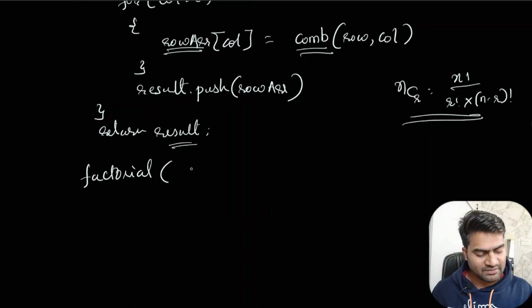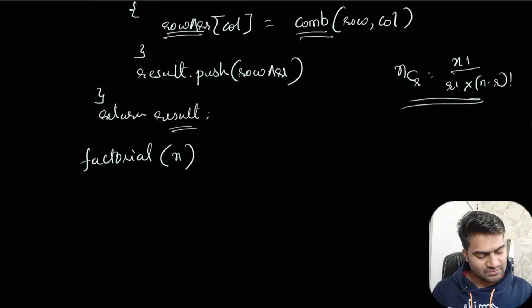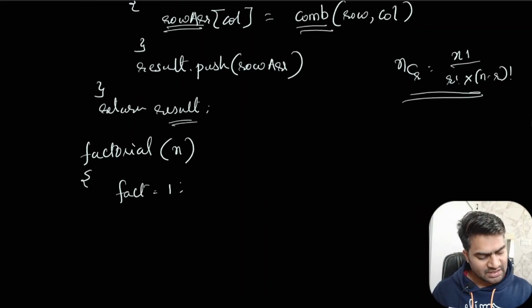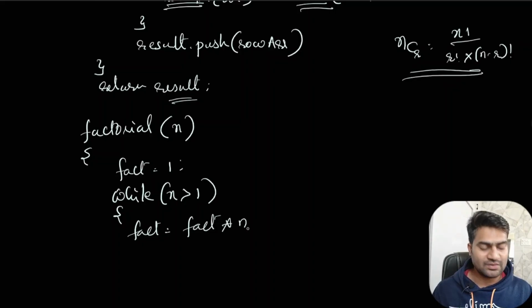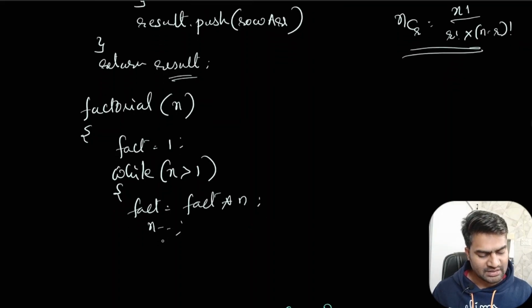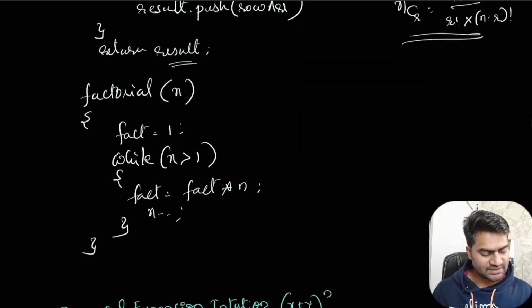It will take the value n. Factorial equal to 1 initially, then while n is greater than 1, factorial equals factorial into n. Then after this, I will decrement the value of n. This way we will get the factorial. You can check the base condition, like if the value is 0, which we will see in the code.